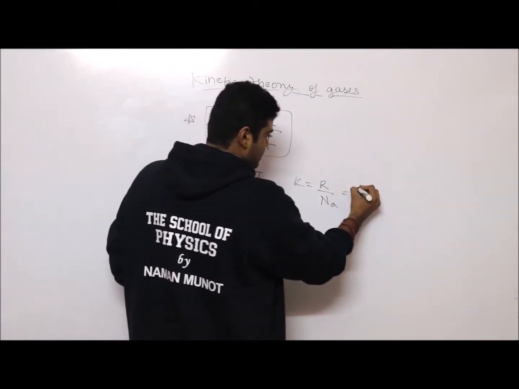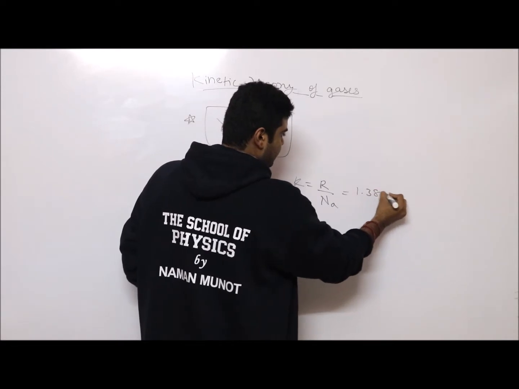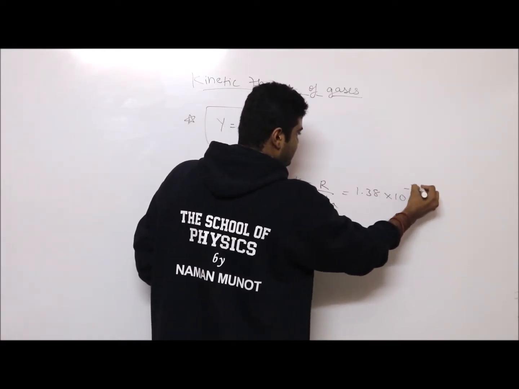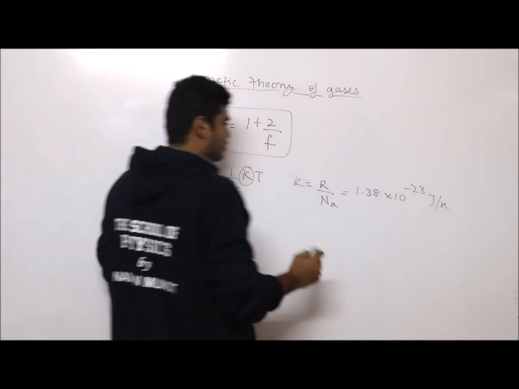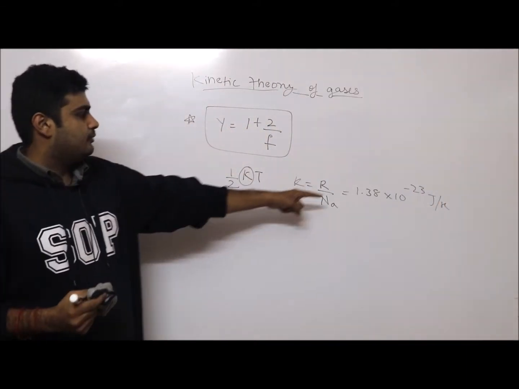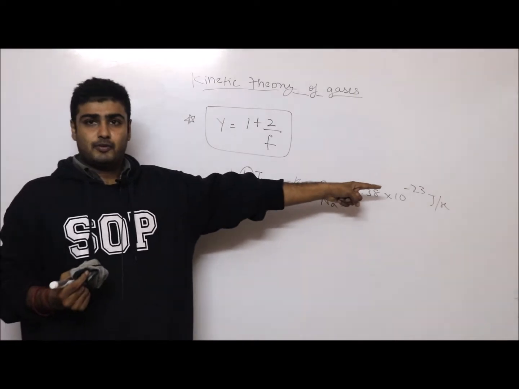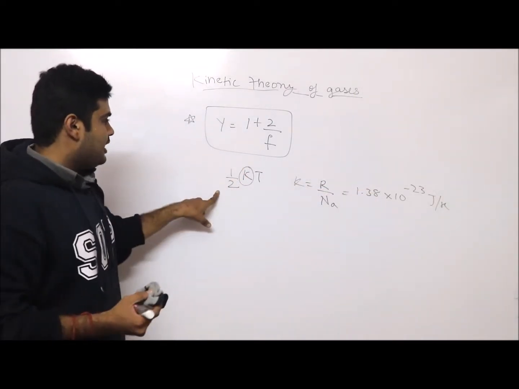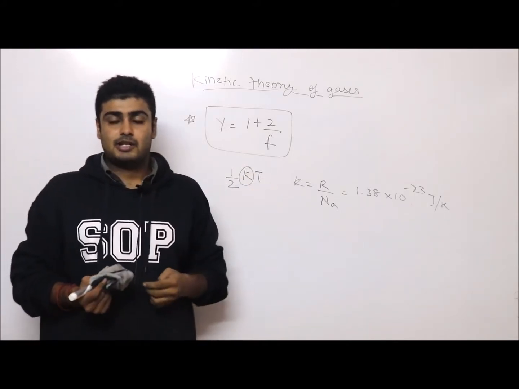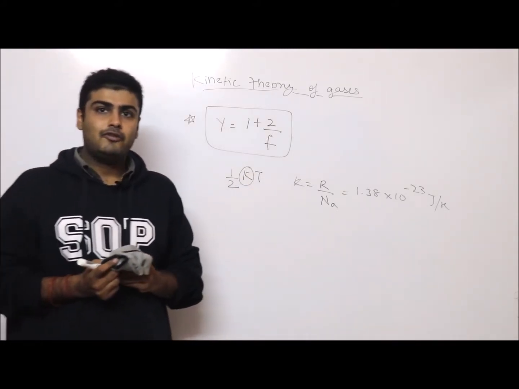This is equal to 1.38 into 10 to the power minus 23 joule per Kelvin. With each degree of freedom we have half kT energy, which is called the law of equipartition of energy.